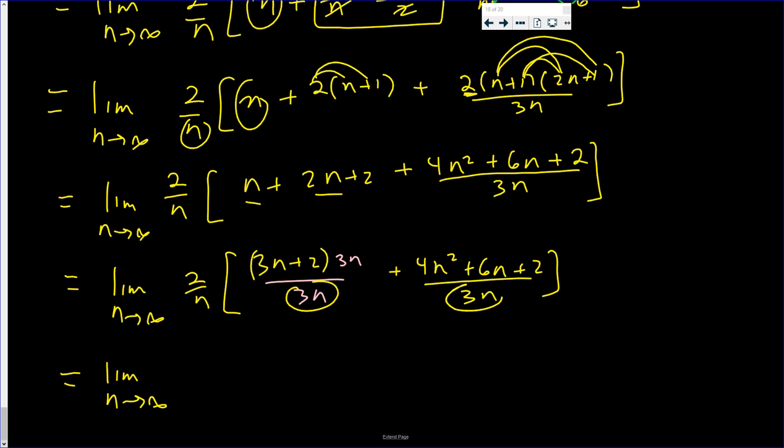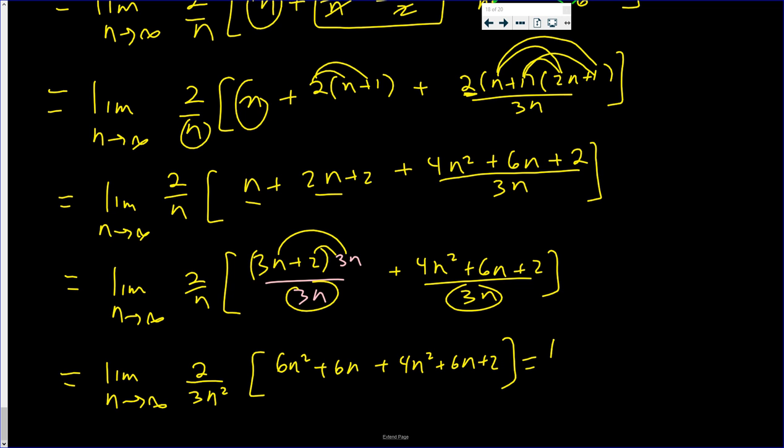I am going to factor out that common denominator, so I'll have 2 over 3n squared. Now, this here is 6n squared plus 6n plus the other numerator. This gives us the limit as n goes to infinity of 2 over 3n squared times 6n squared plus 4n squared, where that's 10n squared, plus 12n plus 2.